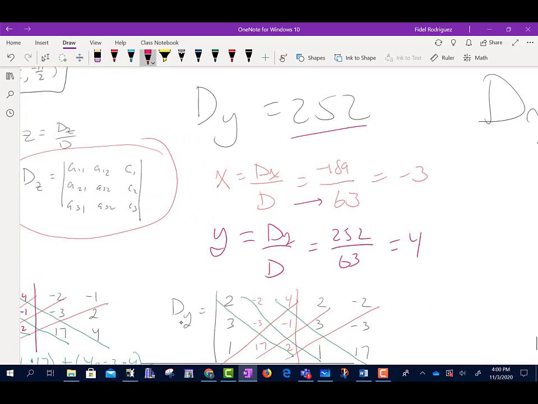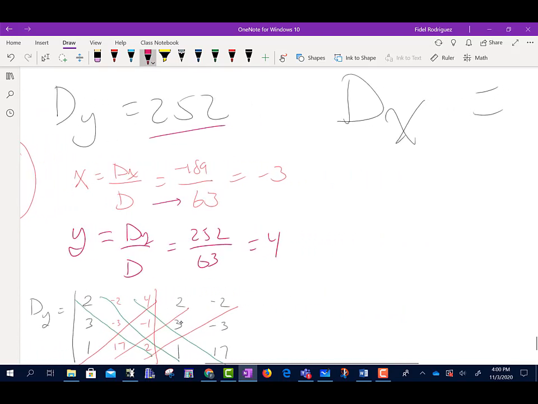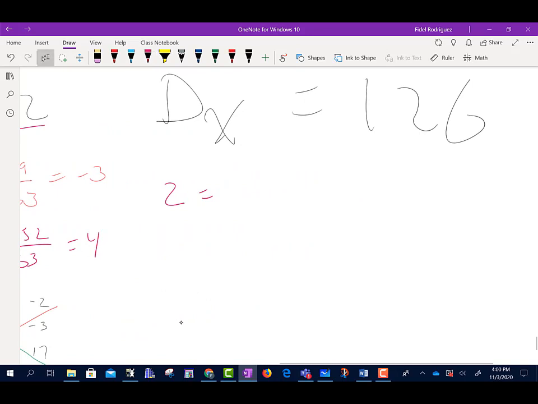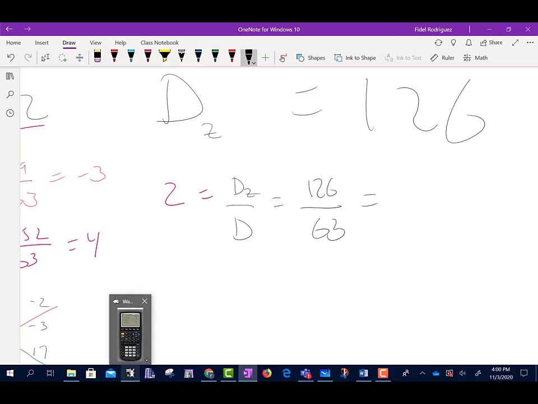Okay. Almost done. And z, I put an x here, guys, so it's supposed to be a z. Okay. Is going to be dz over d. So 126 over, again, 63 should be 2.